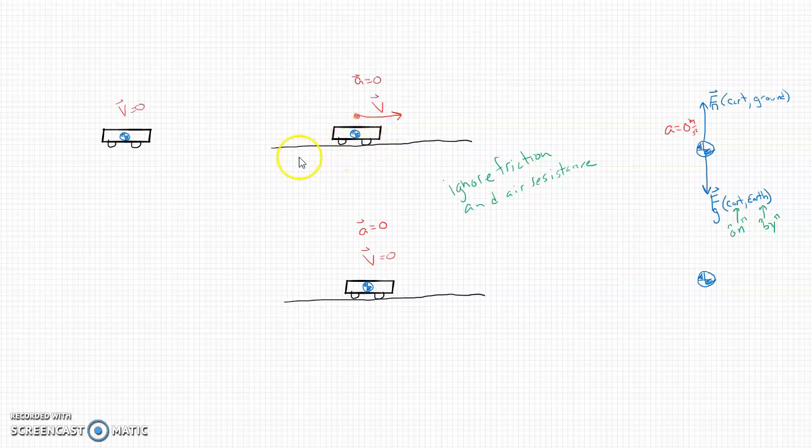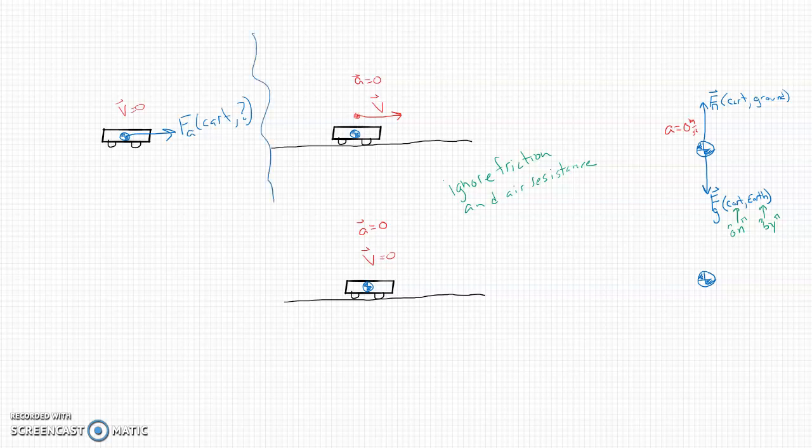So let's think back into the past where this cart was over here, and maybe it was sitting on this ground, and something did in fact come and push it. So there'd be some kind of force here on the cart by some unknown object. Could have been a gust of wind, it could have been somebody pushing it. It doesn't really matter. The point is there was some kind of applied force some time ago.